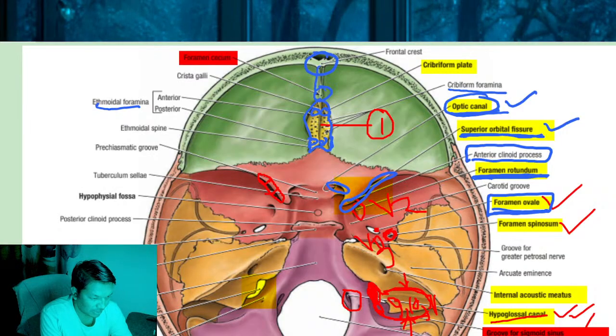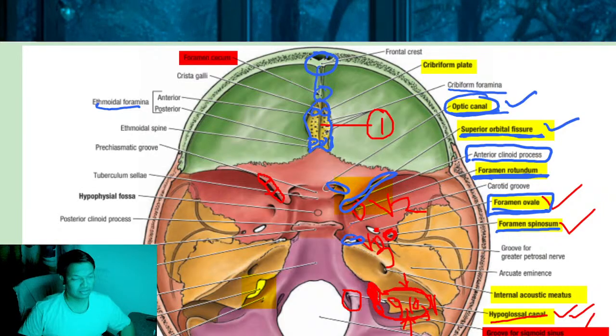Then we have the foramen spinosum. Then at the junction of two bones we have a lacerated-looking, not smooth, opening. This is the foramen lacerum.